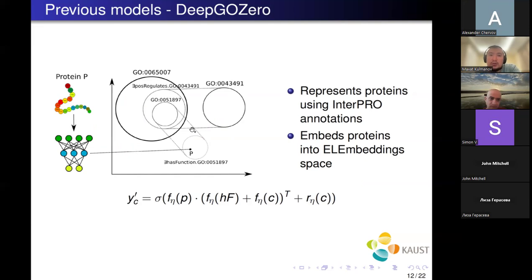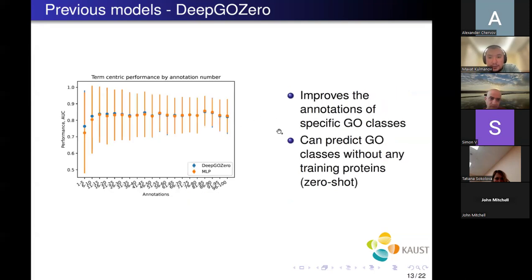So here we used all the axioms in the ontology and all classes, all 50,000 classes in Go, and all the axioms in Gene Ontology, even if some of the Go functions didn't have any training instance proteins. And that gave us some improvements when we compared the specific annotations, the very specific Go classes, and their predictions.